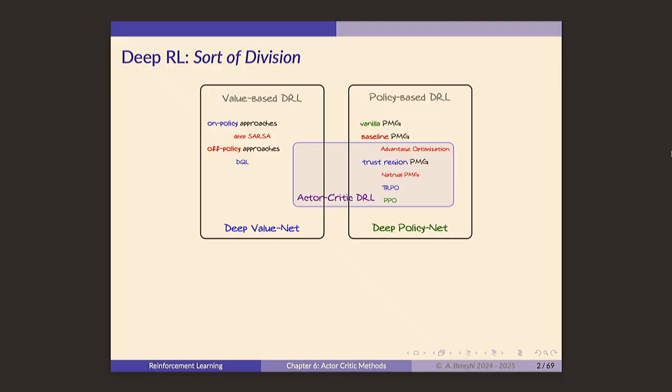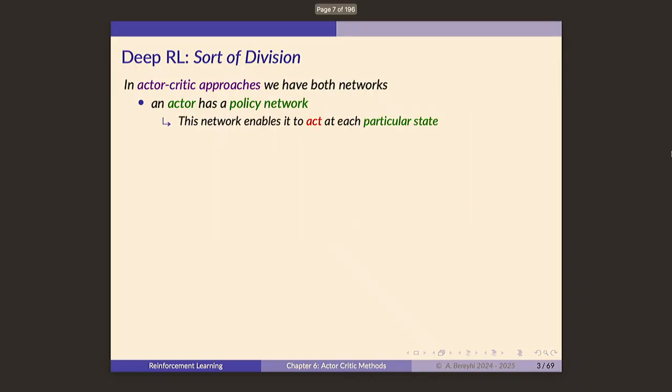Now, from a theoretical point of view, there are not too many things that you need to add. Basically what you learned, you can simply extend here. There are, however, some practical tweaks, which we're going to talk about. So first of all, why do people call it actor-critic?